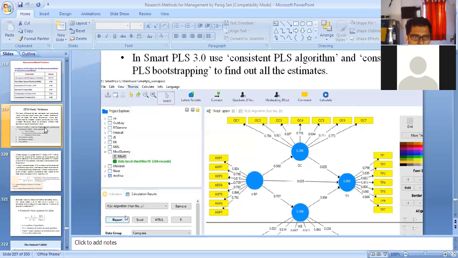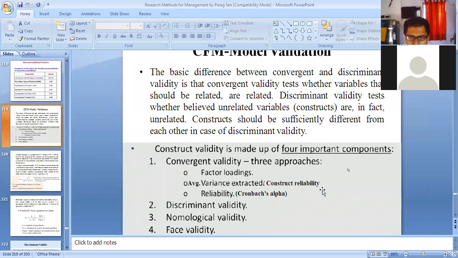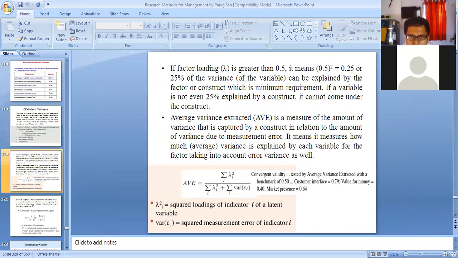Then another is the average variance extracted, or the construct reliability. Average variance extracted is a measure of the amount of variance that is captured by a construct in relation to the amount of variance due to measurement error.